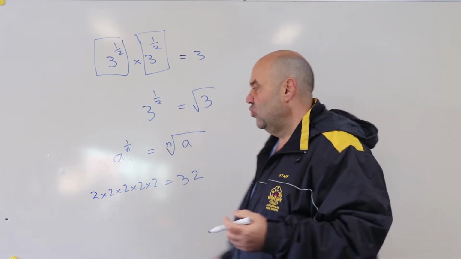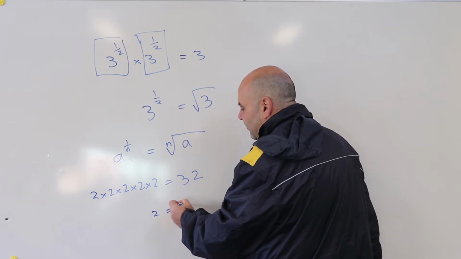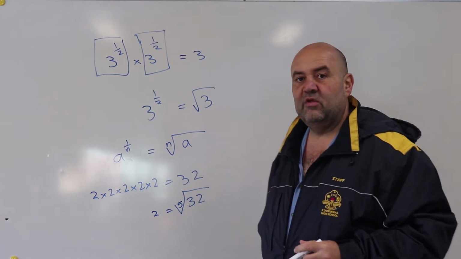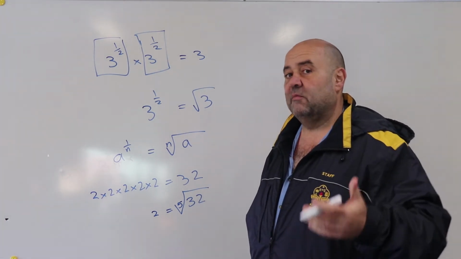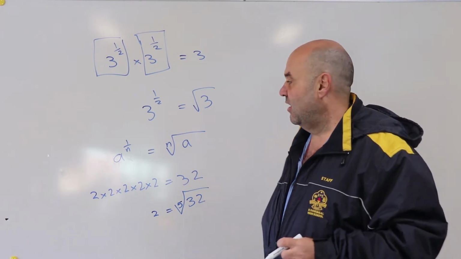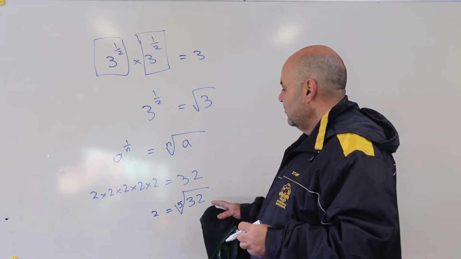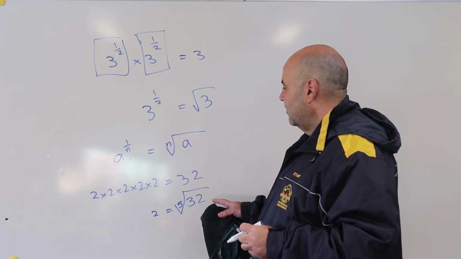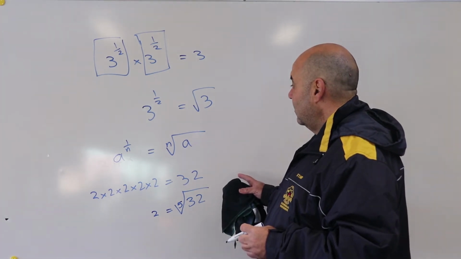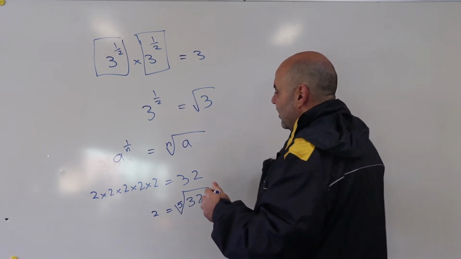So that would make 2 the 5th root of 32. The 5th root of 32, because I need to multiply by itself 5 times to get 32. Okay. So 2 is the 5th root of 32.